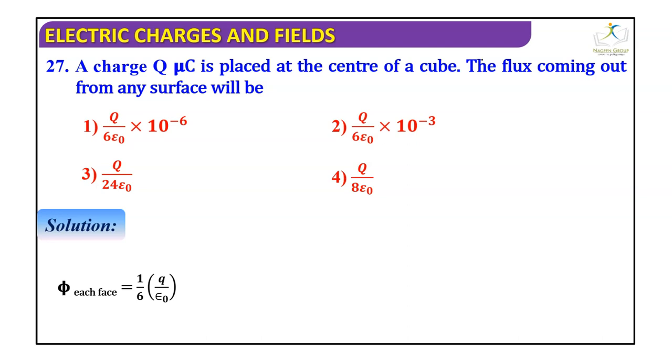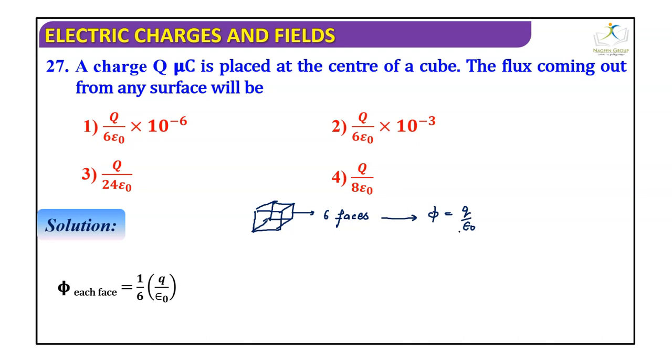For more elaboration, I just want to explain it more. If this is a cube, the cube has 6 faces, and for all 6 faces we know the flux will be Q by epsilon naught.